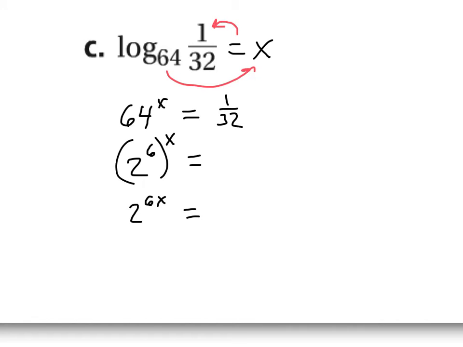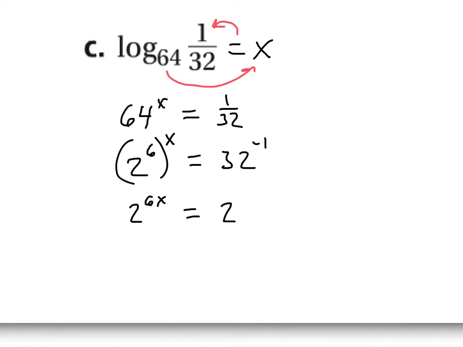All right, well now I got to deal with 1/32. I want it to be a whole number raised to an exponent. So the first thing I want to do is take that 32 out of the denominator of that fraction. So that's going to be 32 raised to what power? To the -1. 32 to the -1 power. Brings it out of that denominator. So now I need to rewrite 32 to have a base of 2.